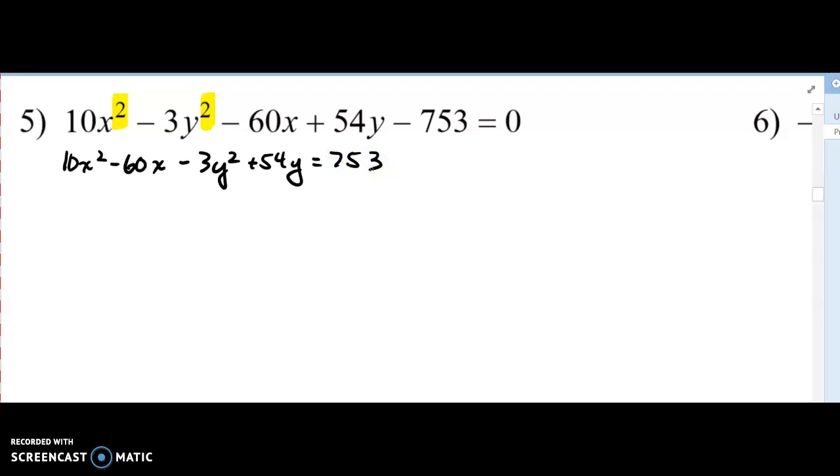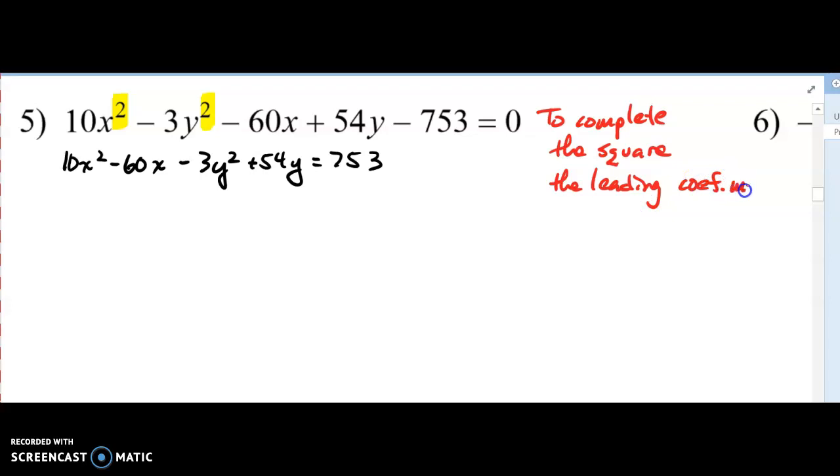Now, in order to complete the square, I'm going to write this down. To complete the square, the leading coefficient must be 1.